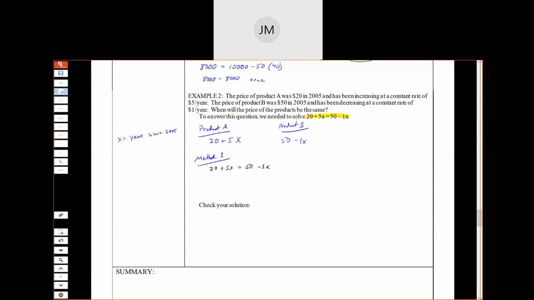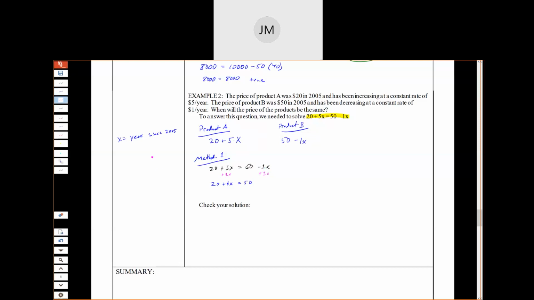And what I want to do is get x by itself. Well, x is on two sides here, so I'm going to add 1x to both sides to gather all of my x's together. Okay, so 5x plus 1x will give me 6x. Negative 1x plus 1x gives me 0.